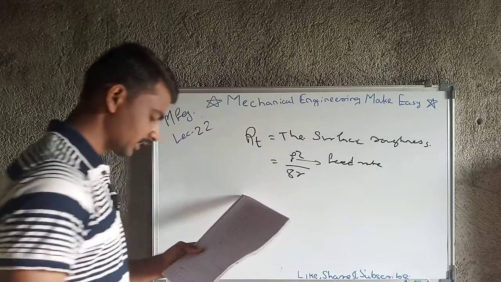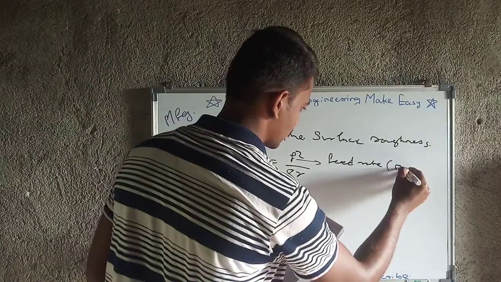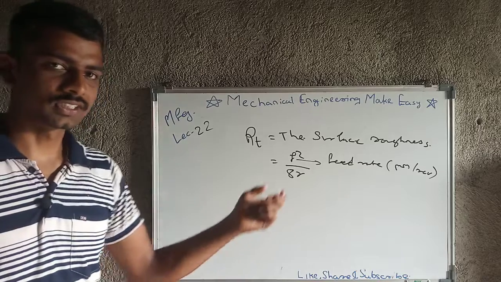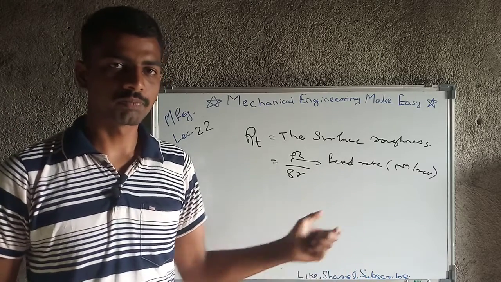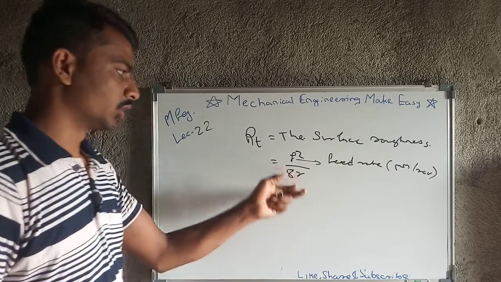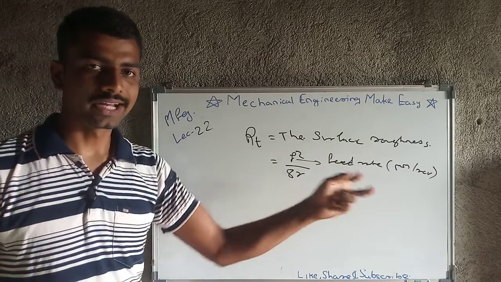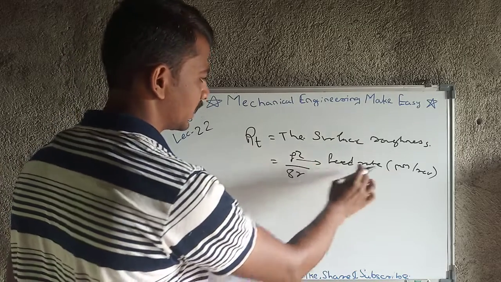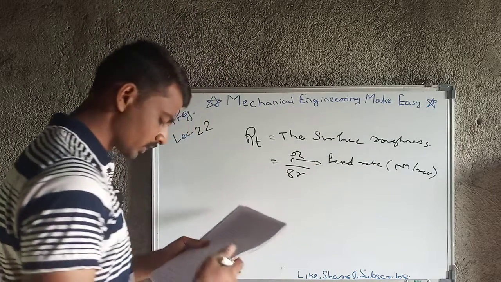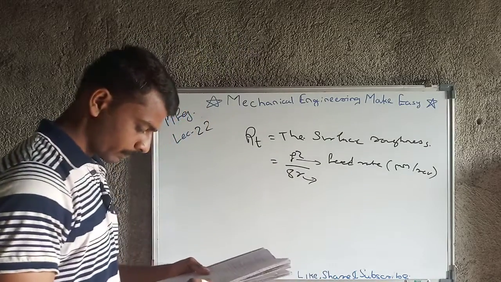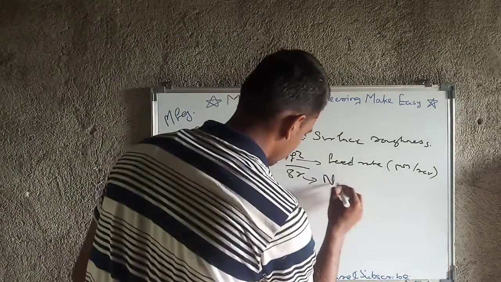Here F is nothing but the feed rate, which is in mm per revolution. Feed rate has two types: first is mm per revolution and another is mm per minute. In case of machining time and so on, we will get to know both values. Up till now you should know that this feed rate is in mm per revolution. Then R is nothing but the nose radius.